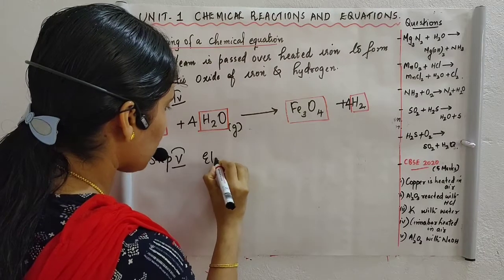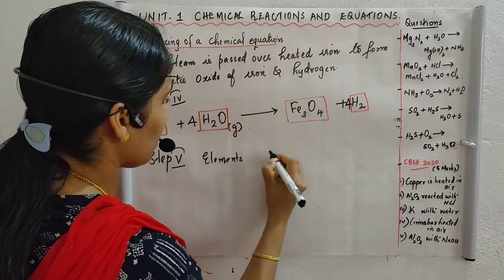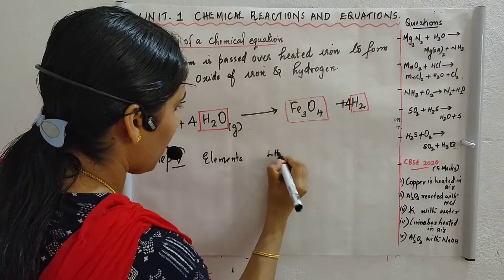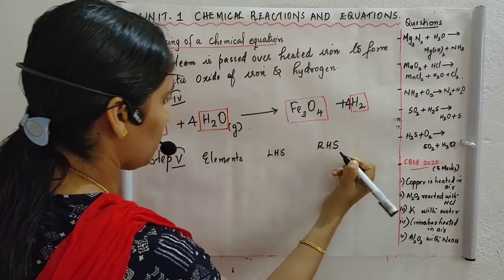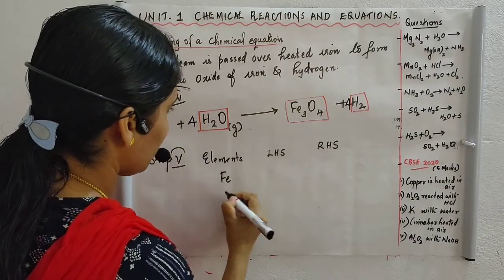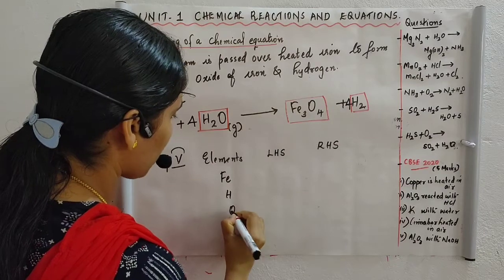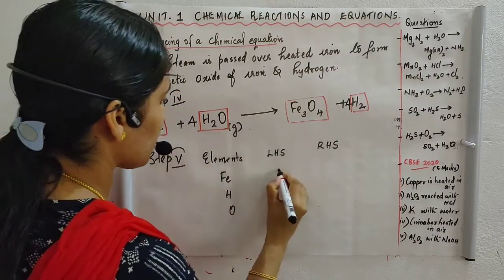So for your examination, all the steps are not compulsory. You just balance it and finally you just check the correctness of the equation. So the elements are iron, hydrogen, oxygen. Just to check, the number of atoms on the left hand side is 3.